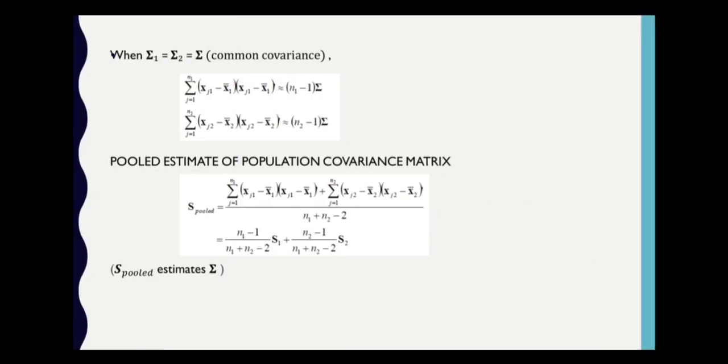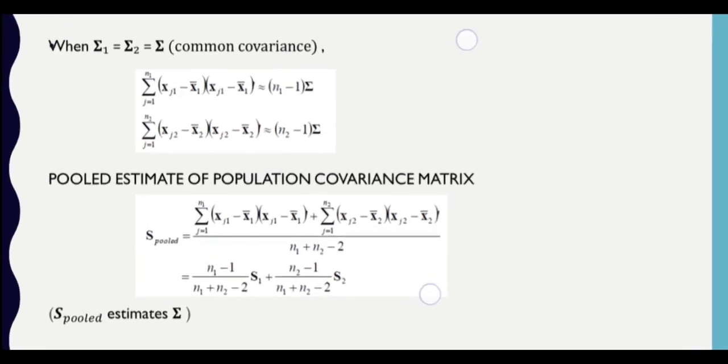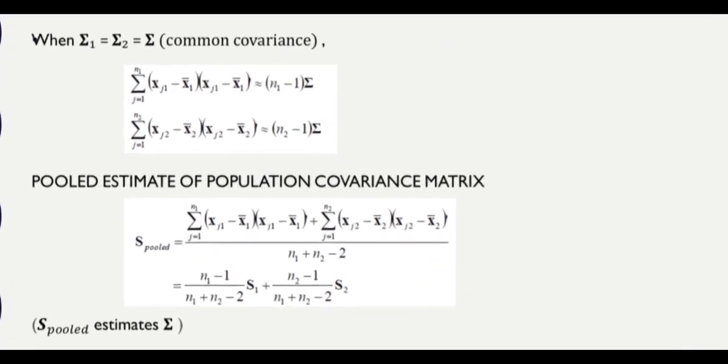Okay, let's see. Here, when big sigma 1 and big sigma 2 are equal, it is also called common variance. This part, if you look in your textbook, is on page 285.